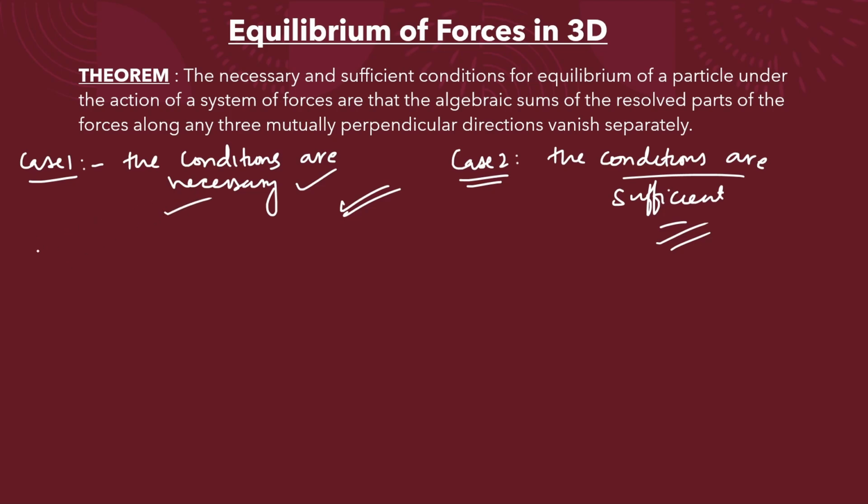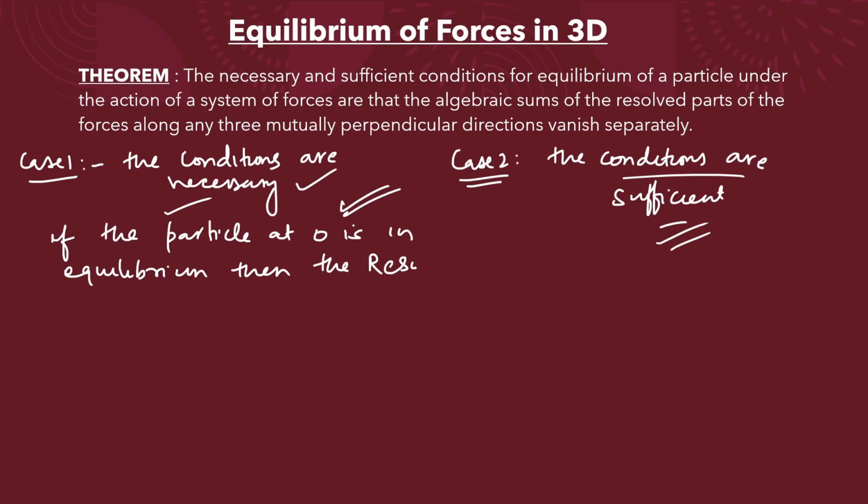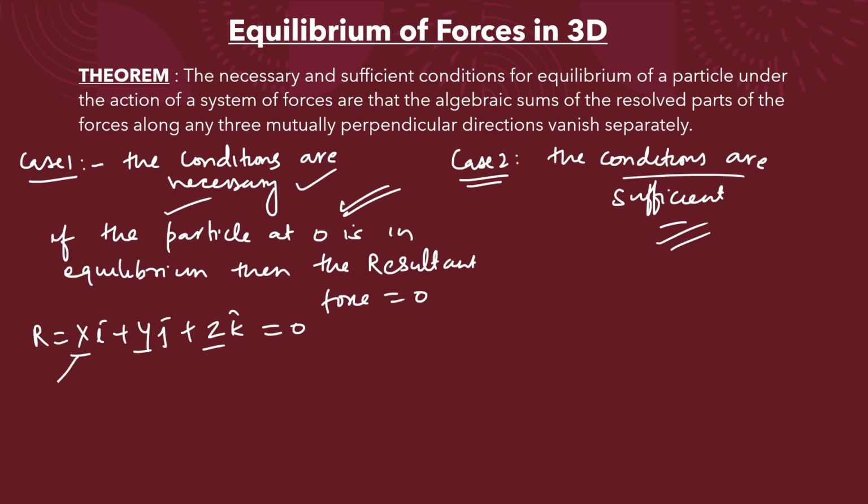In the first case we have to show that the conditions are necessary. So if the particle at O is in equilibrium, then the resultant force will be 0. And what is R? R is equal to x i cap plus y j cap plus z k cap. So this is 0. This means x, y and z are separately 0. This means x is equal to 0, y is equal to 0 and z is equal to 0.